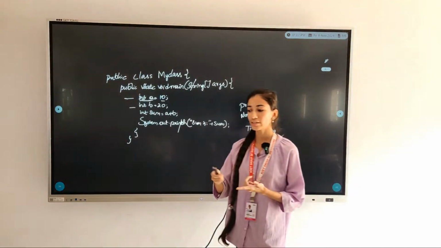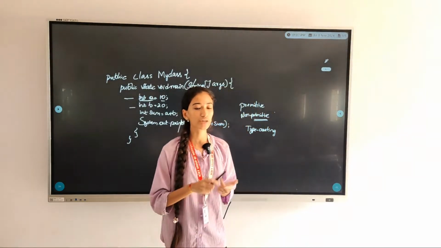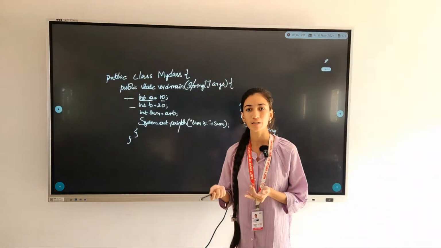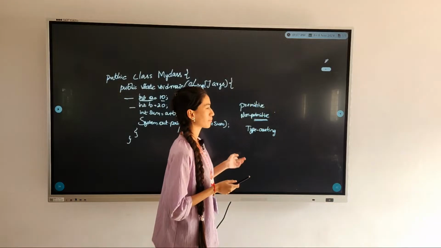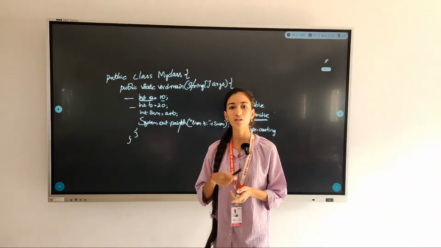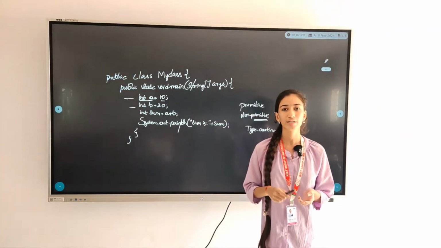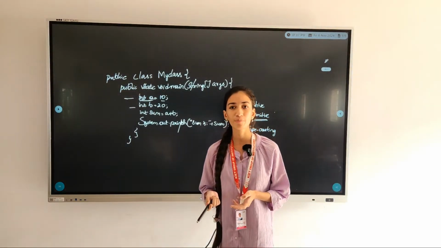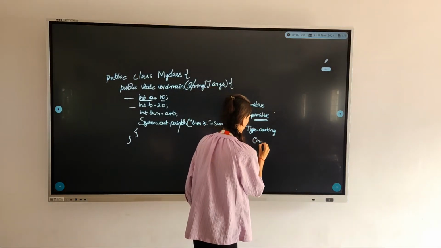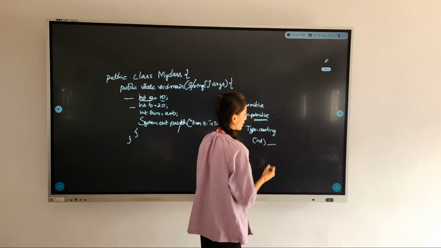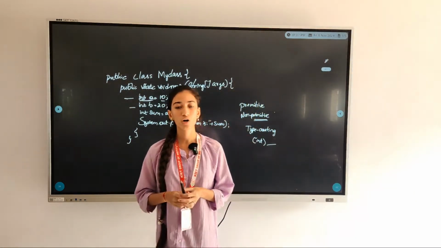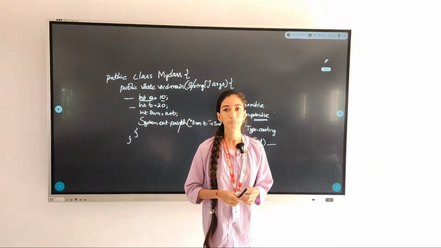We have types of int: long, short, etc. So we can change float to double. That is called implicit typecasting. Explicit typecasting is the process where we convert a larger data type to a smaller data type with the help of the programmer. We use parentheses, like (int) and the variable name, so that it converts from a larger data type to a smaller data type.